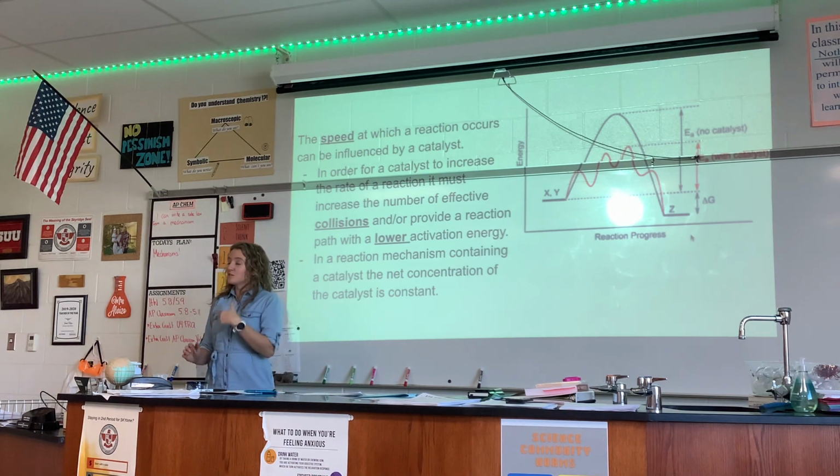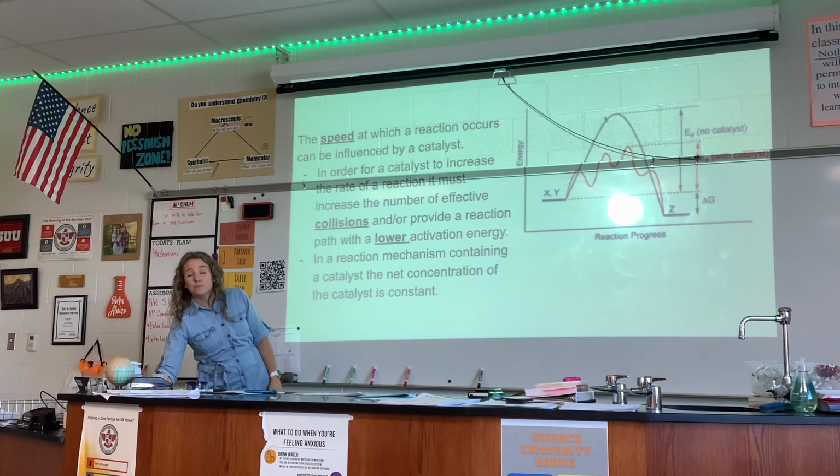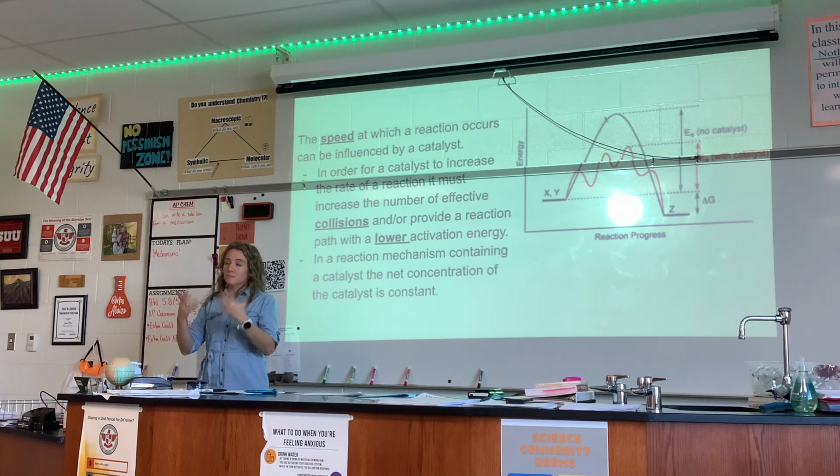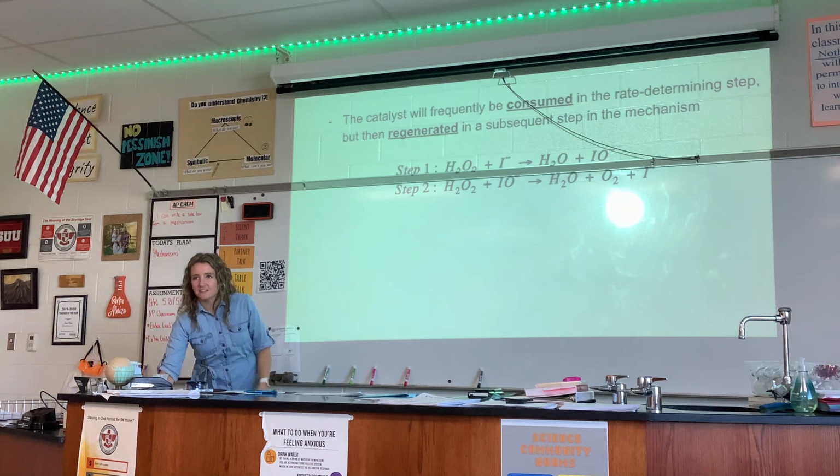But in the end, those four steps are still faster than the one step because all the energy is lower. And so it goes faster in the end. But most of the time with the catalyst, you get more complicated, but it's because it helps you get to the goal faster.